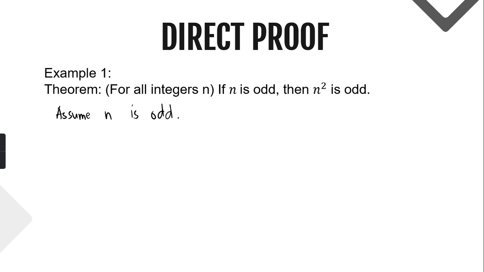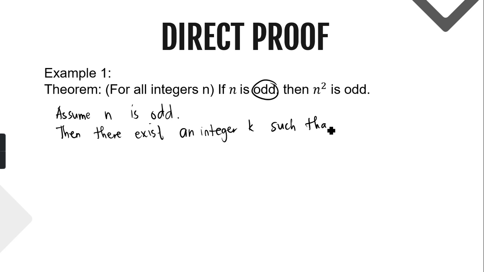And then after, since odd siya, then there exists an integer k such that n is equal to 2k plus 1.